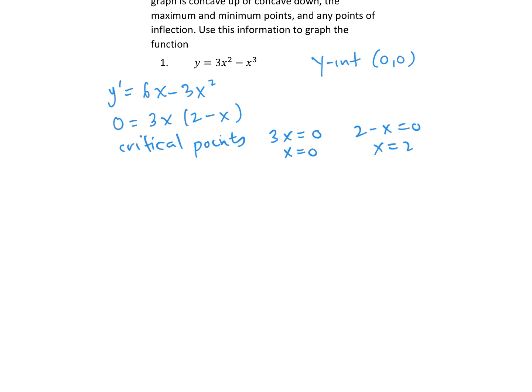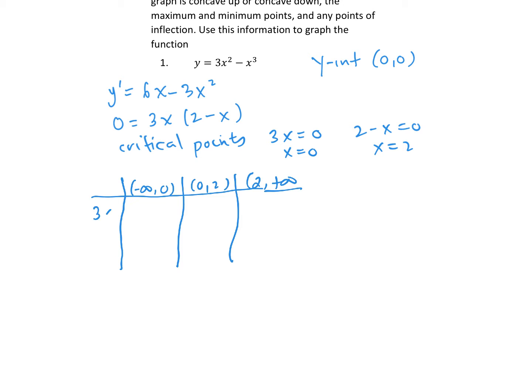So I'm going to make a table of values here and look at the intervals of increase and decrease. We'll put our factors down the sides, and then we'll find the value of that y prime to see if it's increasing or decreasing.